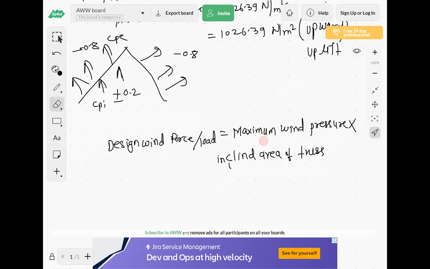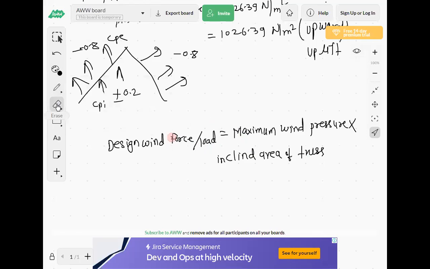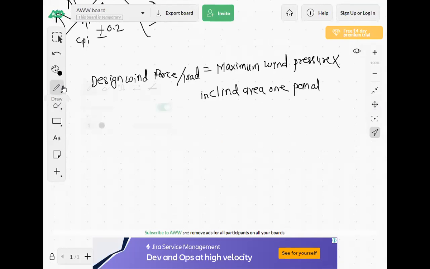What I have given? Or panel, I don't know. I think inclined area of one panel I think given. एकच पॅनलवरचं कॅल्क्युलेट केलं आपण, inclined area of one panel I think. Correct this formula? Is this formula correct?